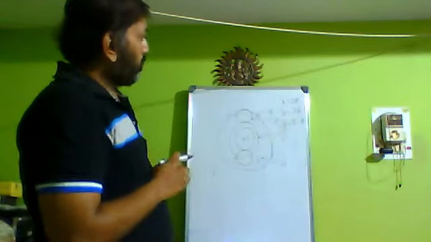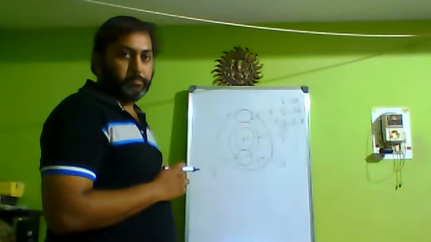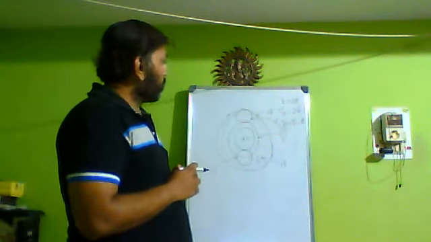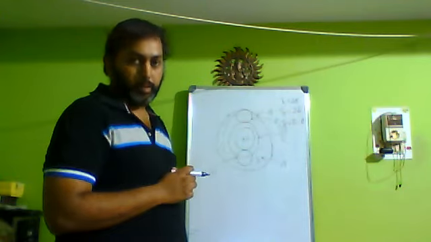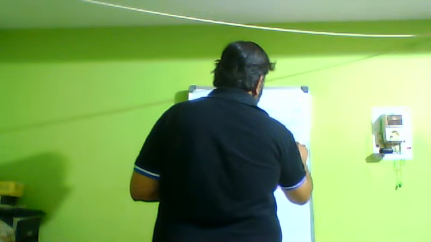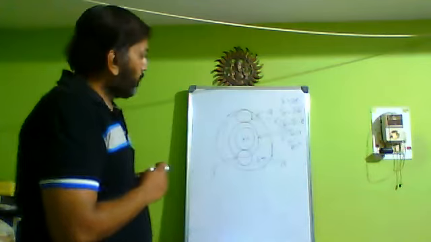So the number of teeth on all the gears is given, except that the number of teeth on gear A and gear B is unknown to us. We need to determine that. So TA is unknown, TB is also unknown. How do we determine TA and TB?